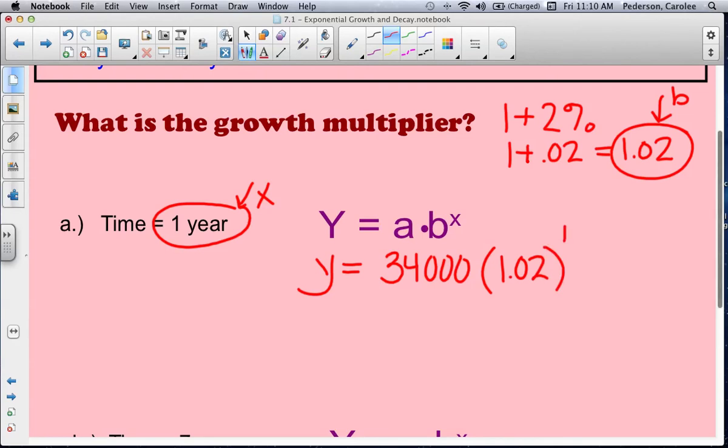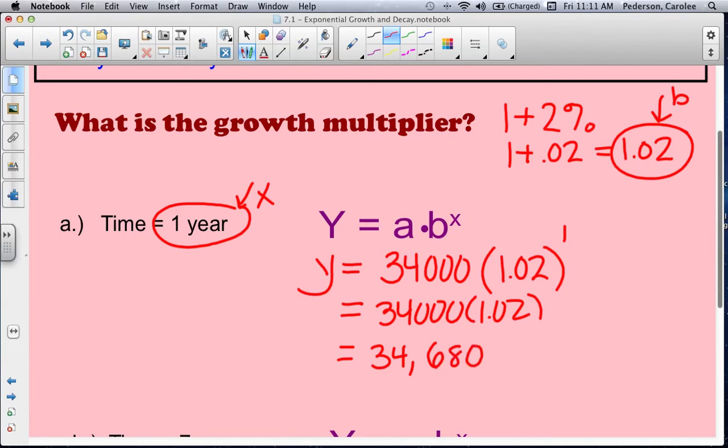Now 1.02 raised to the 1 is still just 1.02. And now we multiply 1.02 times 34,000. And the amount of people living in Cottage Grove after 1 year at a 2% increase is 34,680 people.